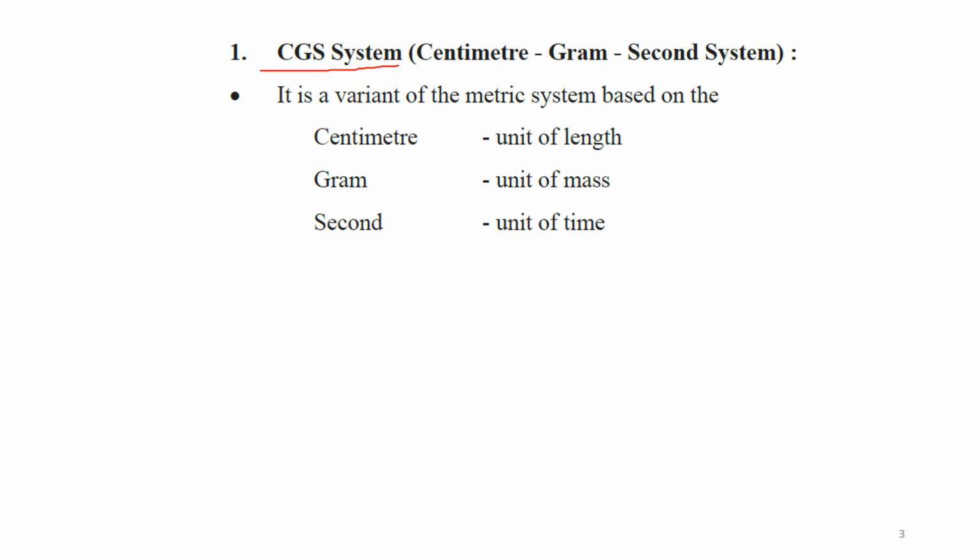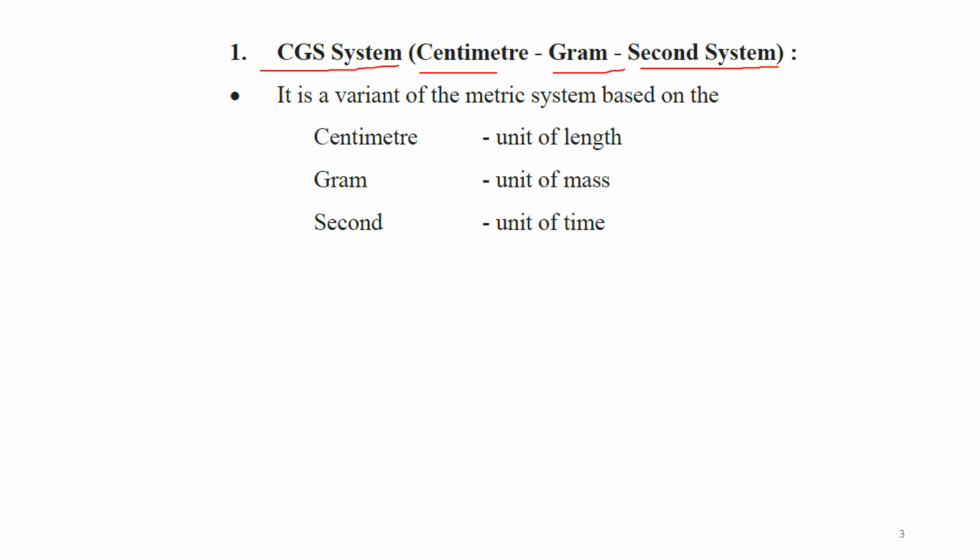CGS को हम लोग सेंटीमीटर, ग्राम एंड सेकंड में बोलते हैं. देखिए, हम लोग अपने 11th 12th और 9th 10th में MKS यूनिट पढ़े होते हैं. That will also be seen here, but generally, I mean, the CGS unit is also there.